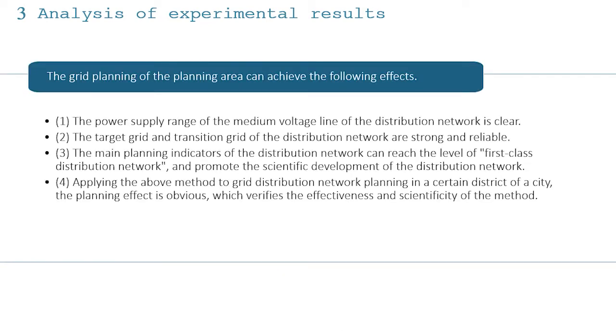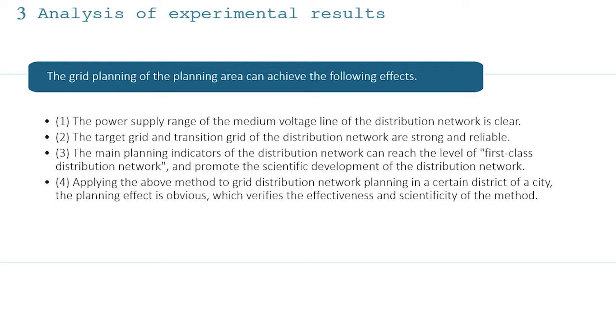The grade planning of the planning area can achieve the following effects. First, the power supply range of the medium voltage line of the distribution network is clear. Second, the target grade and transition grade of the distribution network are strong and reliable.